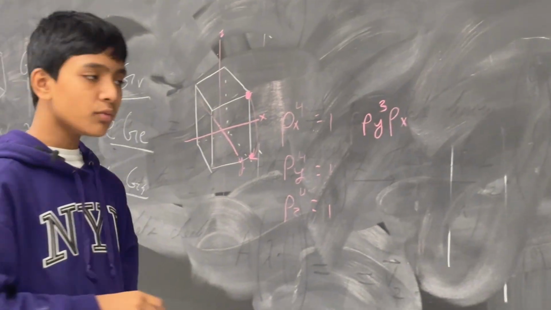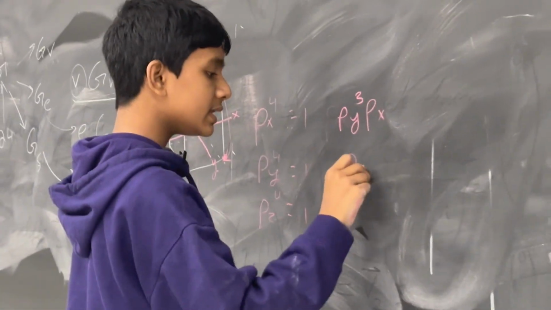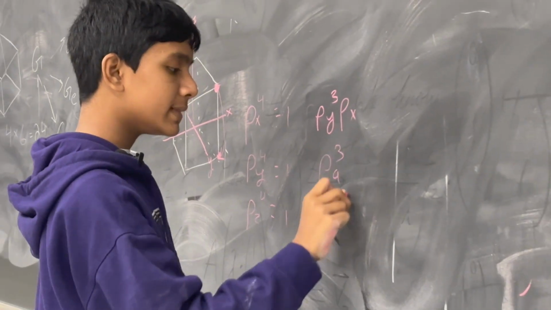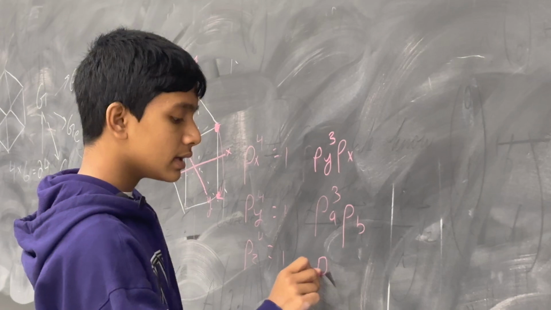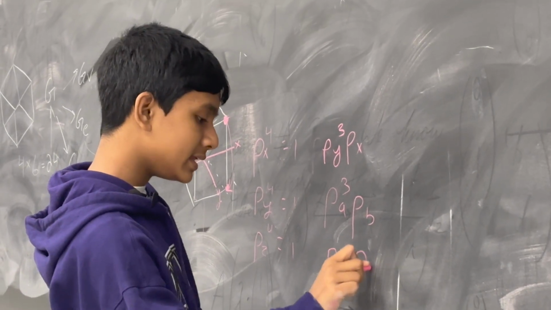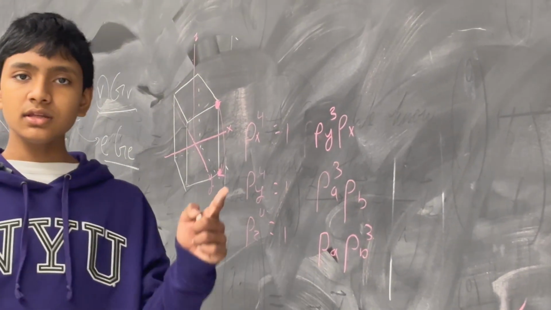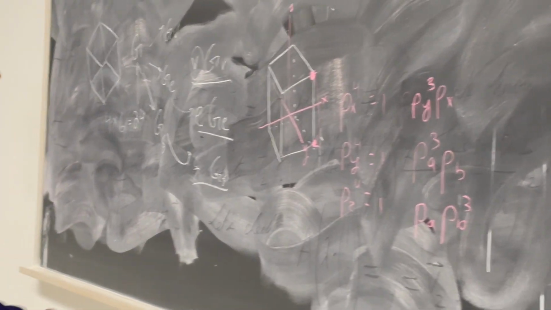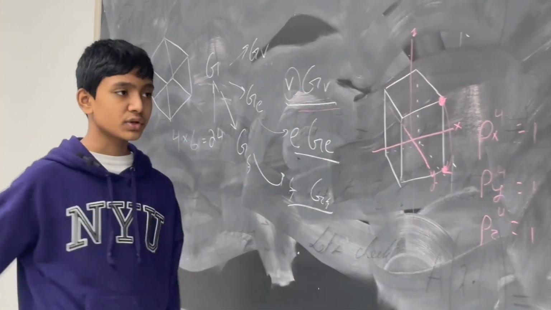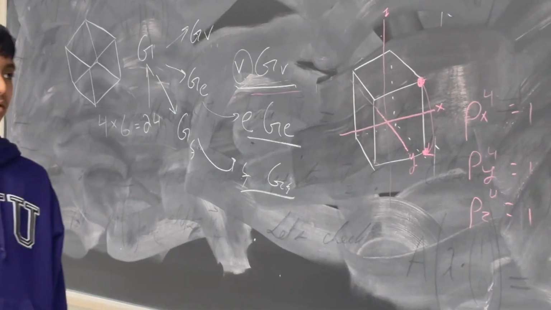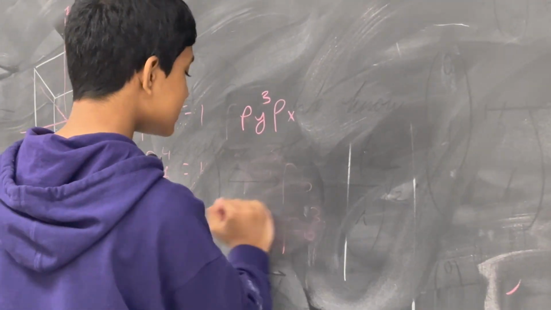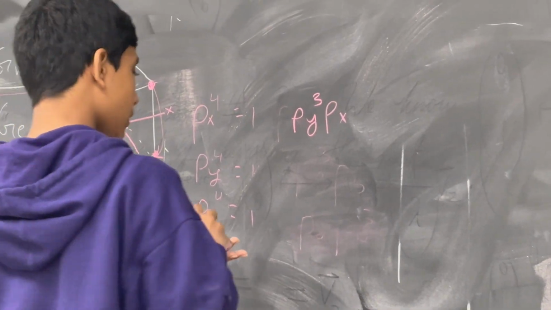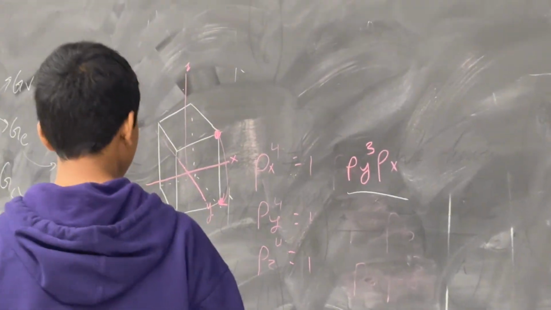And you'll find no matter what, rho_A cubed rho_B, A and B being any of the axes, or rho_A rho_B cubed, these are all conservative of some specific vertex V. This is just one of the possible ways to conserve it.